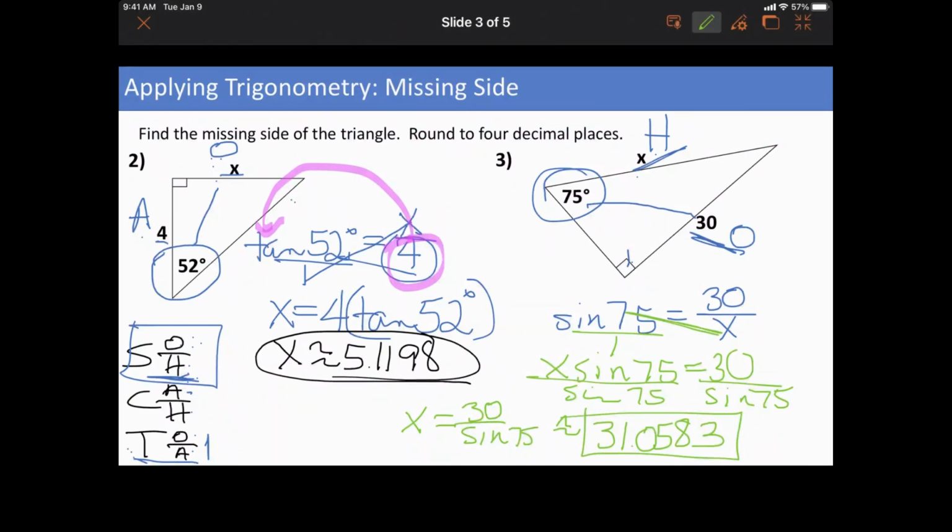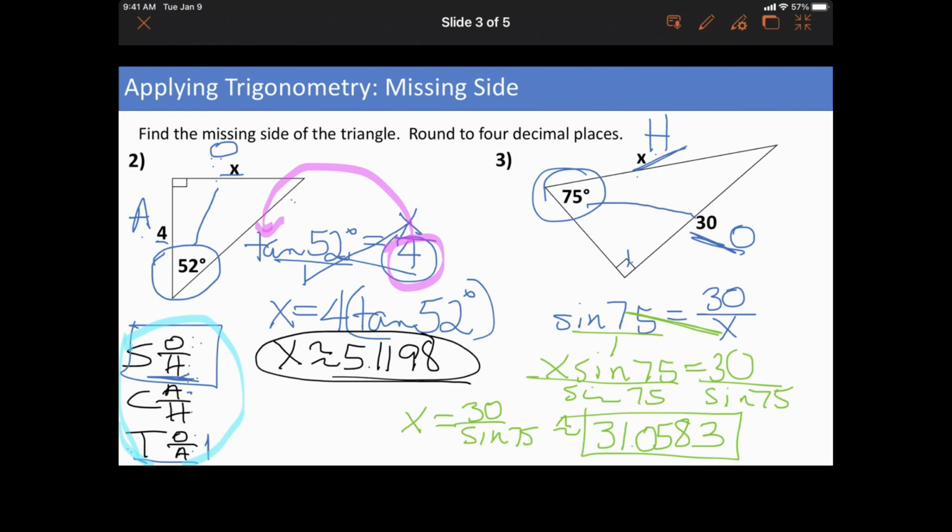And that is a side length. Cool, right? So this is how we use trig. Using our ratios, looking at the diagram, and to write an equation.